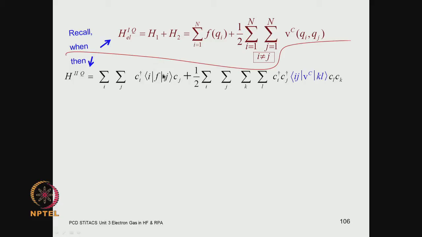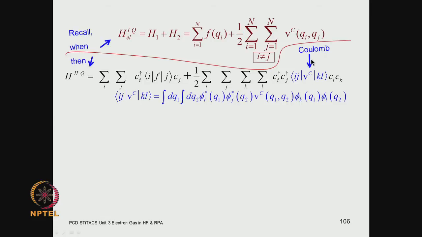So you had the one electron terms and you had the two electron terms, and you had this two center integral consisting of the Coulomb interaction V superscript C, and this Coulomb term, this two center integral, is this integral that you will remember. Okay?